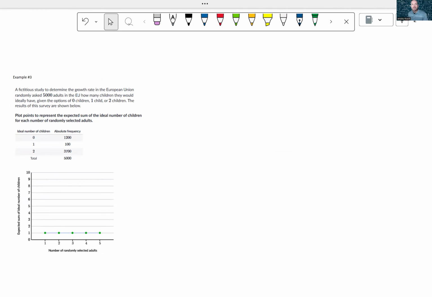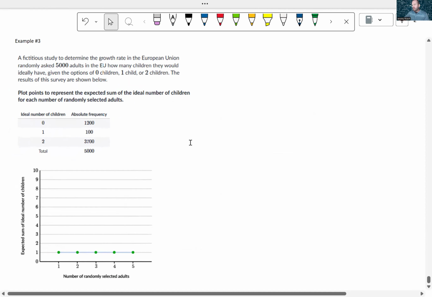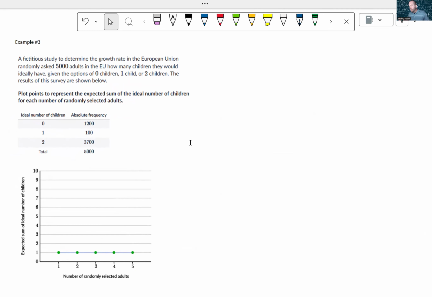This last example for expected value with empirical probabilities is a little bit of an easier example. This is a fictitious study, and they want to determine the growth rate in the European Union. They're asking 5,000 adults in the EU how many children they would ideally have.